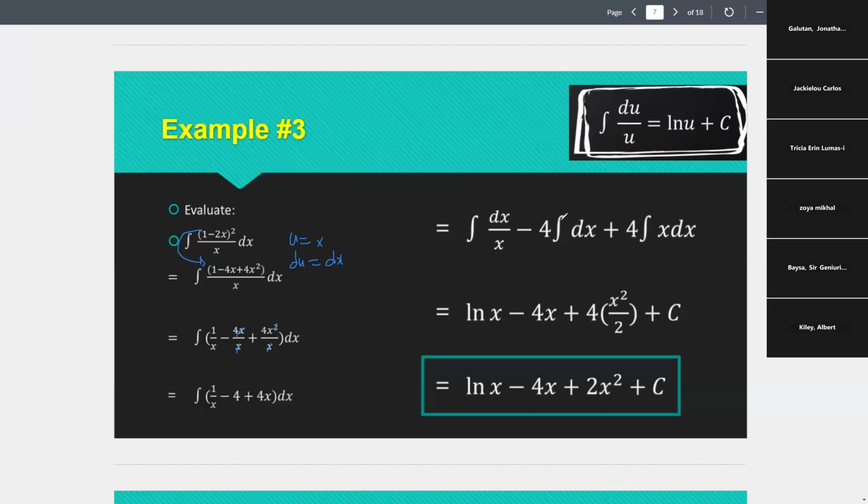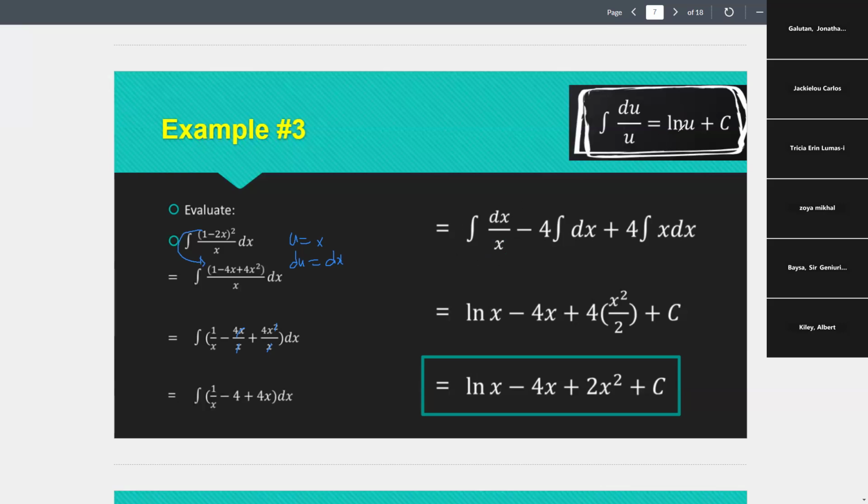Okay, so again, we can already bring out or set aside the constants just like this and this. Okay, and in here, we can apply logarithmic formula. Okay, getting this one as our u. Okay, ito na yun. And then the differential of x is a dx.